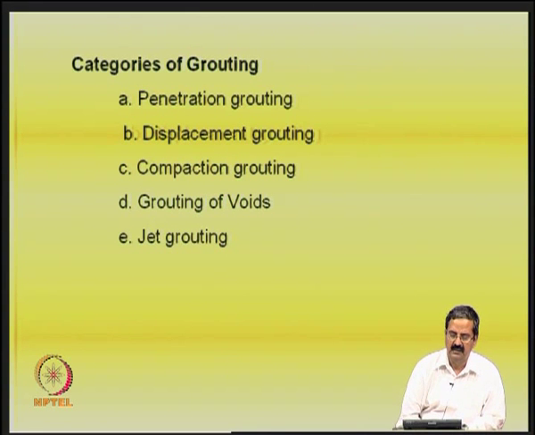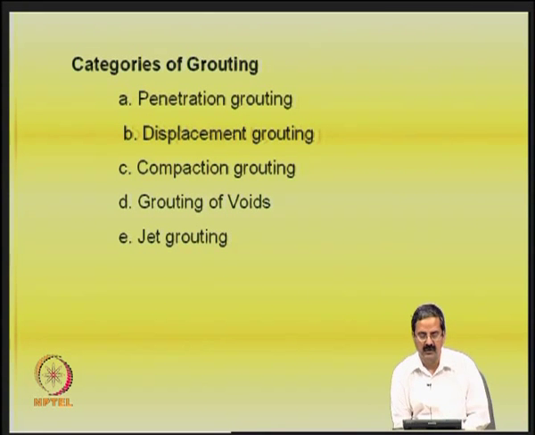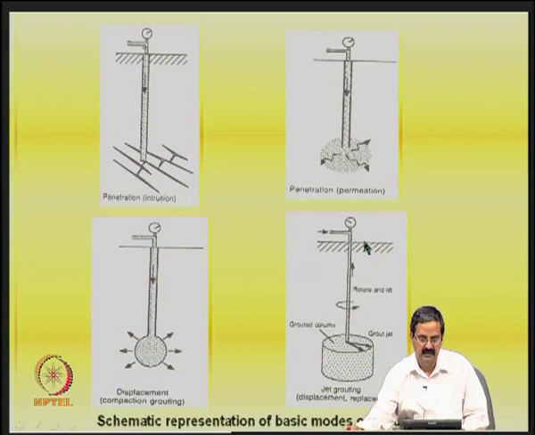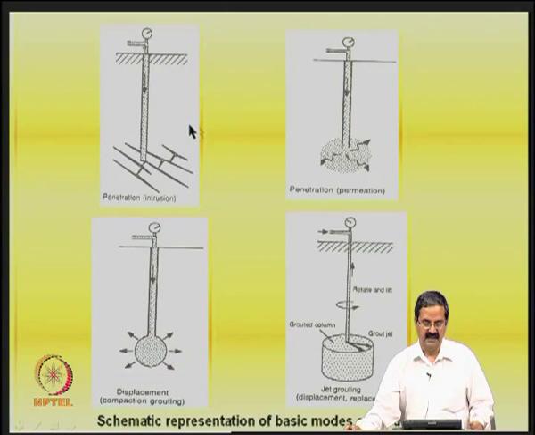There are also different types of grouting we have. As I just mentioned, penetration is possible, displacement is possible, compaction is possible, and grouting of bigger voids is possible. Jet grouting is another way of doing it.